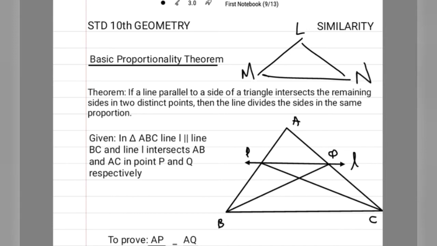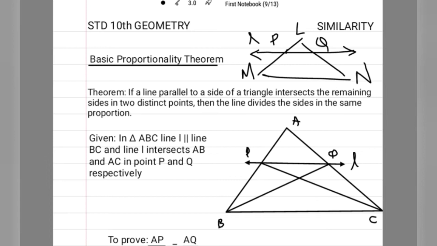A line is drawn parallel to the side MN, that is line l, and this line intersects the side LM in point P and side LN in point Q.